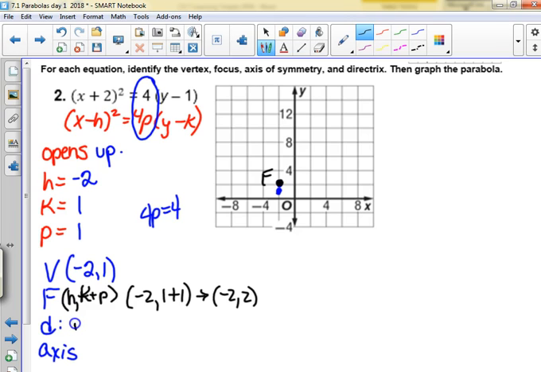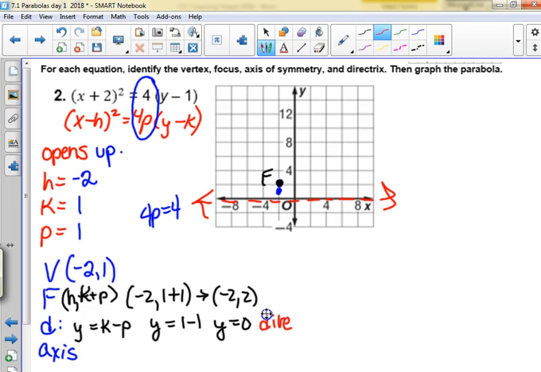All right, directrix is 1 unit the other way. It says y equals k minus p, which is y equals what? 1 minus 1, or 0? Okay, I'm going to graph that in red so you can see it. It's this. Okay, that's the directrix. Does it need to be an equation, guys?